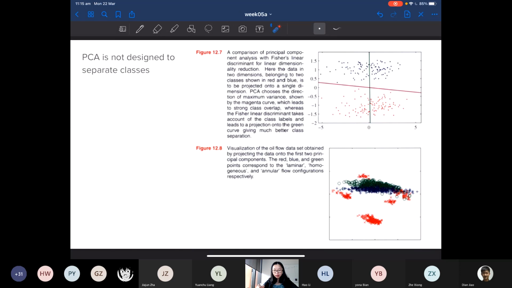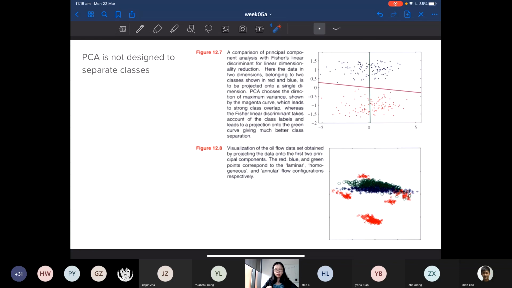So there are two data sets. The principal dimension, right, so the 12.8 is the oil flow data set, and this is the projected version. And then people know that there are three classes.